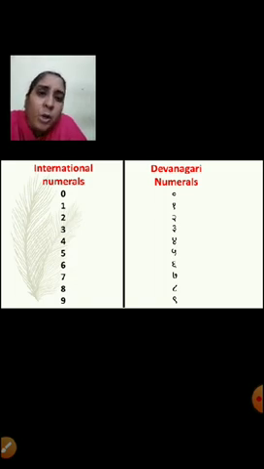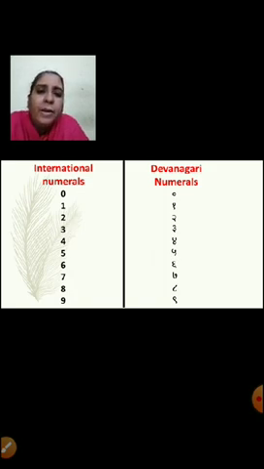And Devanagari numerals means you write in Hindi. Ginti you write na 1, 2, 3, 4. That is called Devanagari numerals. Right? Here I have written in English also. I have written in Devanagari numerals also. So that is where you are very well aware because you know Hindi Ginti. You have studied, right?